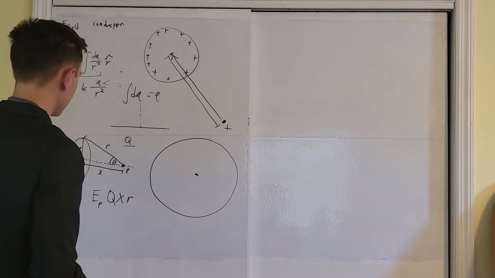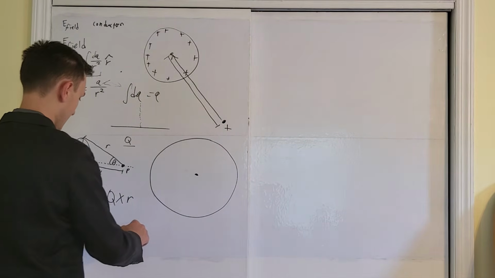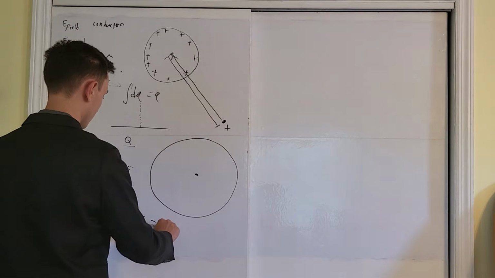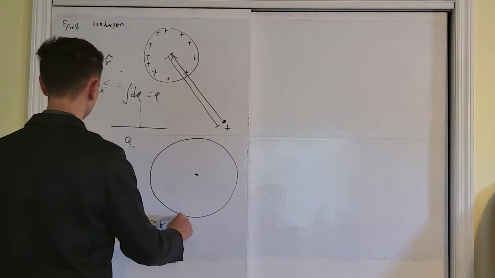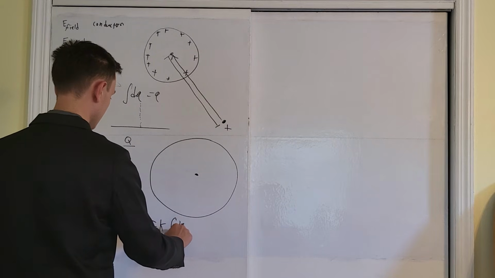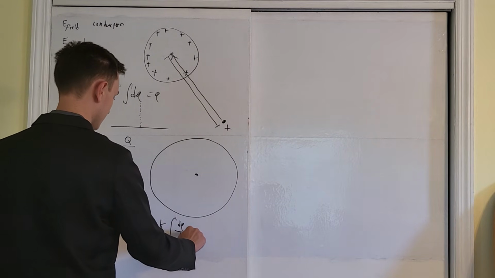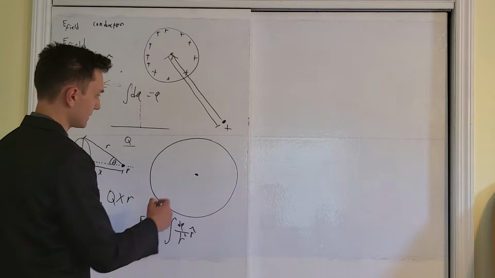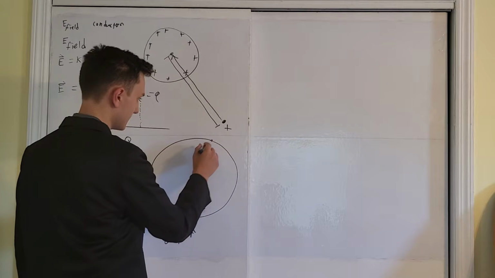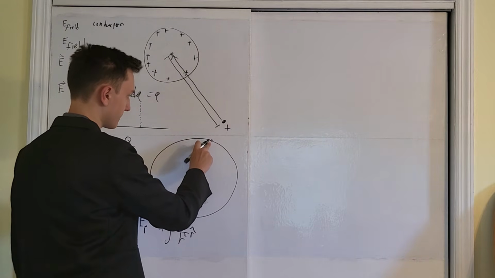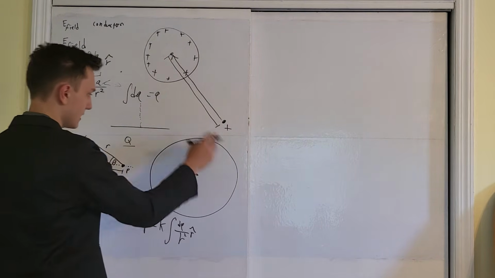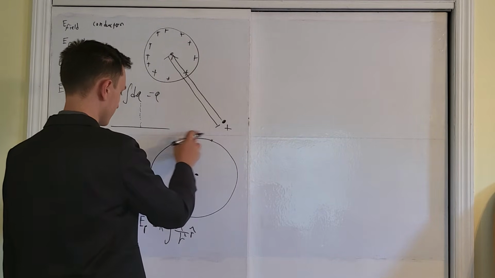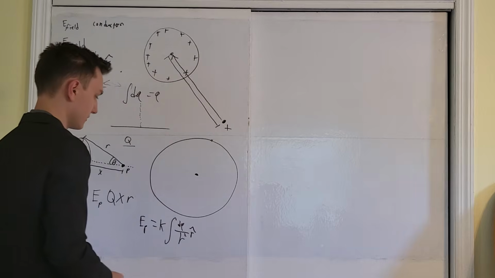The first place we've got to start is we need to say our electric field at point P is going to equal our Coulomb's law constant k times the integral of dq over r squared in the r hat direction. So the way we're going to do this is we're effectively taking infinitely small slices of the circle and summing up the charge in all those slices in order to get the total electric field contributions for the whole ring, okay?